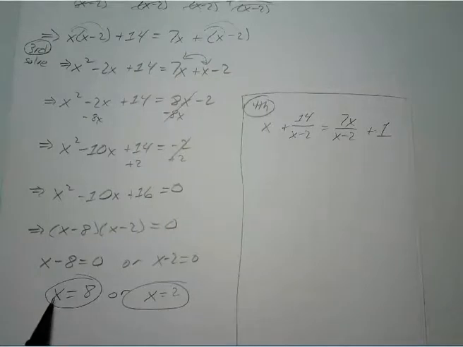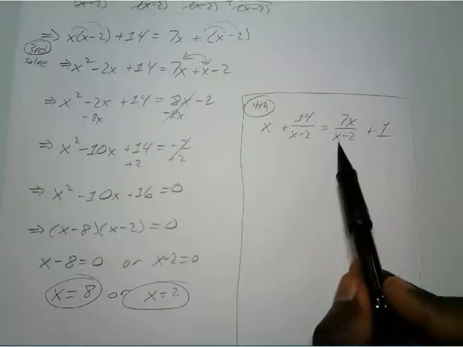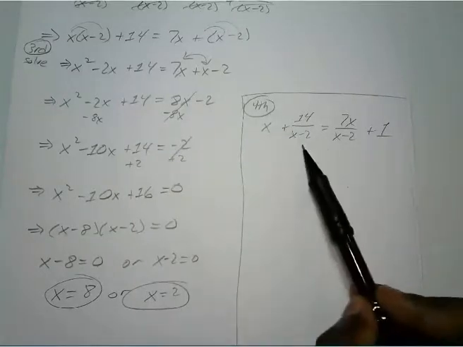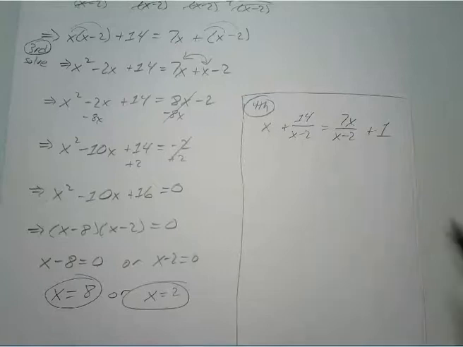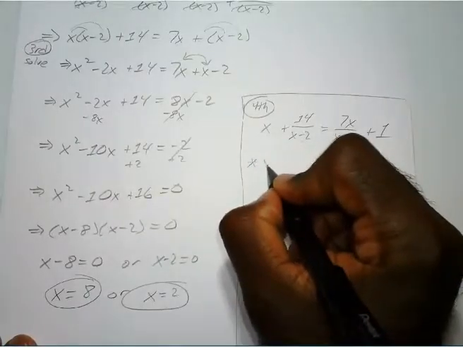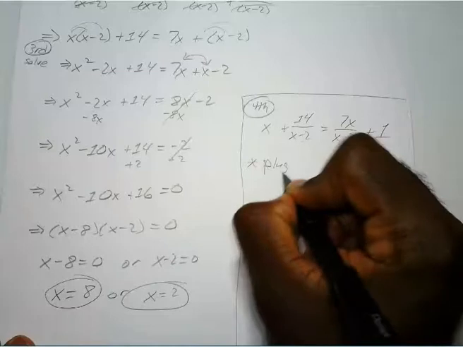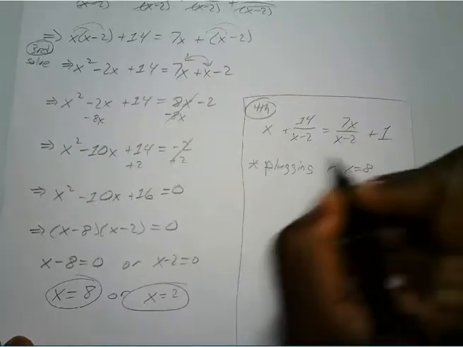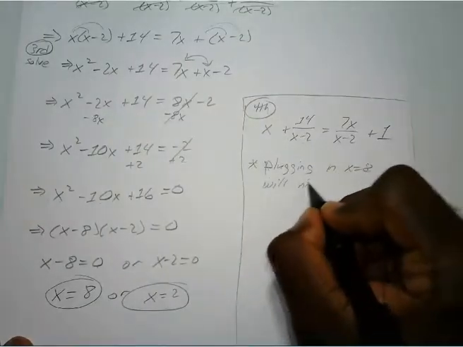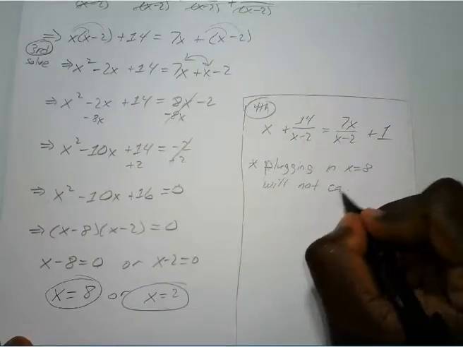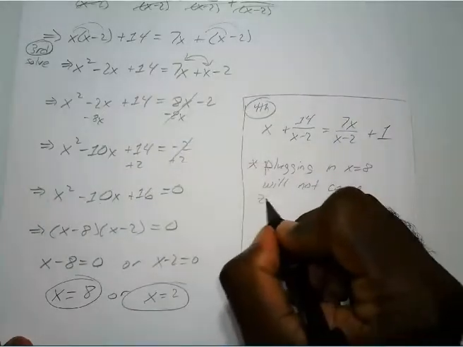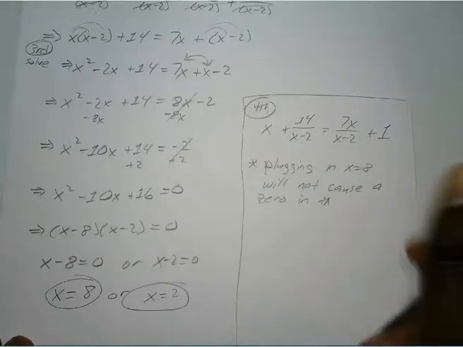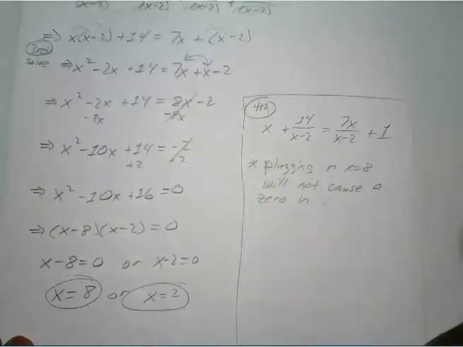If you plug in x equals 8, none of those denominators turn to 0. If you plug in x equals 2, you have denominators that turn into 0. So plugging in x equals 8 will not cause a 0 in any denominator.